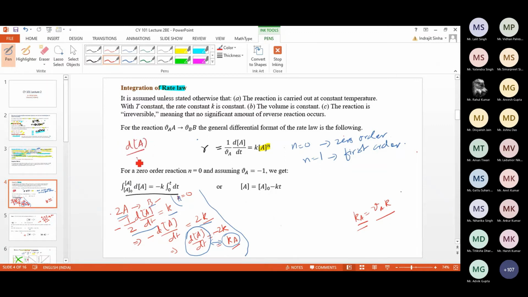If you think of it carefully, A is decreasing as time is increasing, right? So the reactant stoichiometric coefficient you keep negative, and the product stoichiometric coefficient you keep positive.